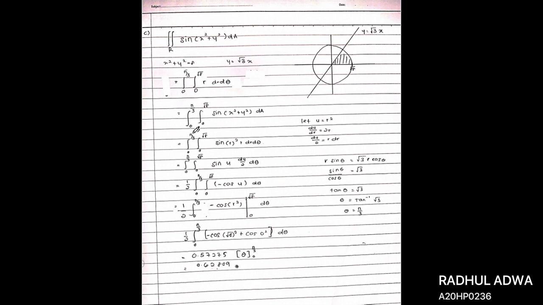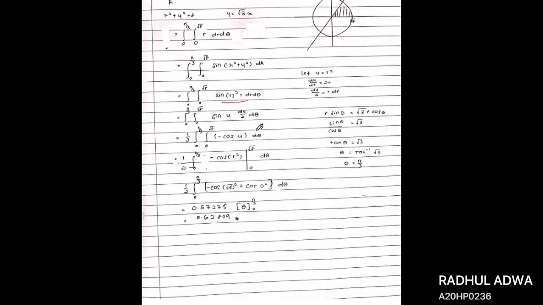So we will get the limits of the integral, 0 to pi over 3, 0 to sqrt 8, sin(x squared plus y squared) dA. To that, we can substitute x squared plus y squared with r squared, and put it into the formula, we will get the integral 0 to pi over 3, 0 to sqrt 8, sin(r squared) r dr d theta.